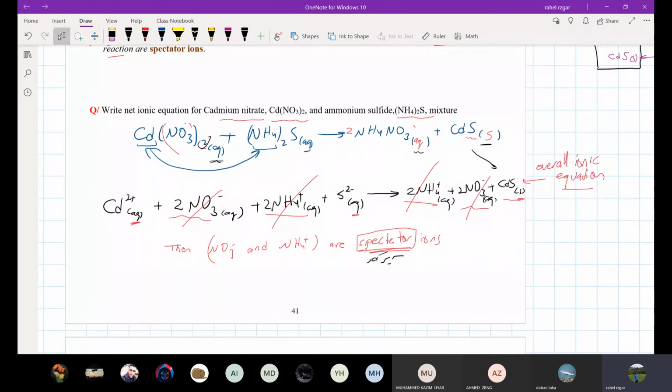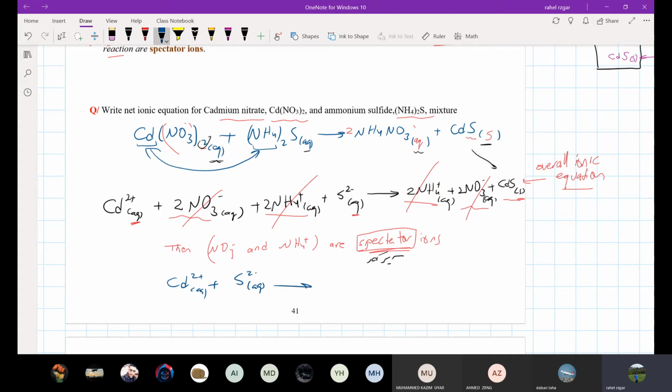Then let's see what is left. If we remove the spectators from the overall ionic equation, what is left? Cadmium is left. Sulfide, they become from aqueous.